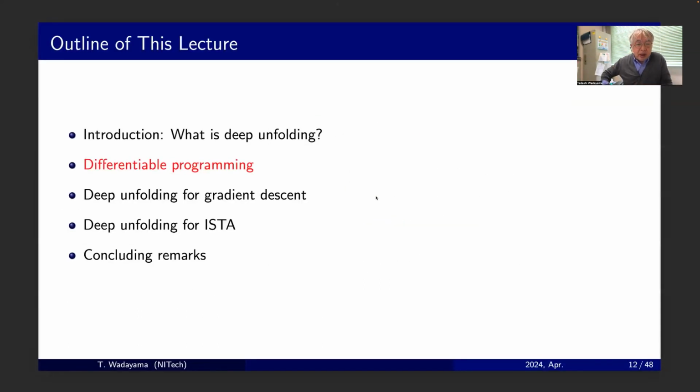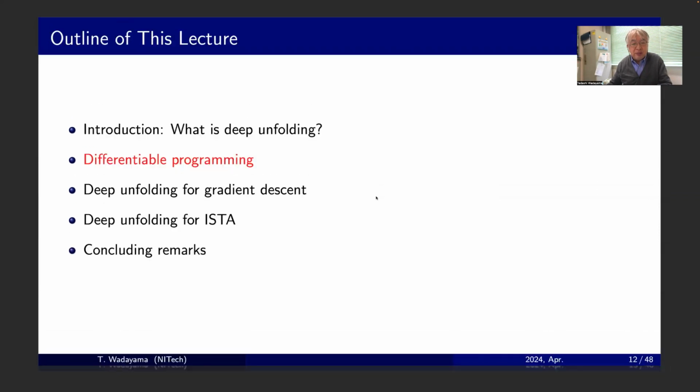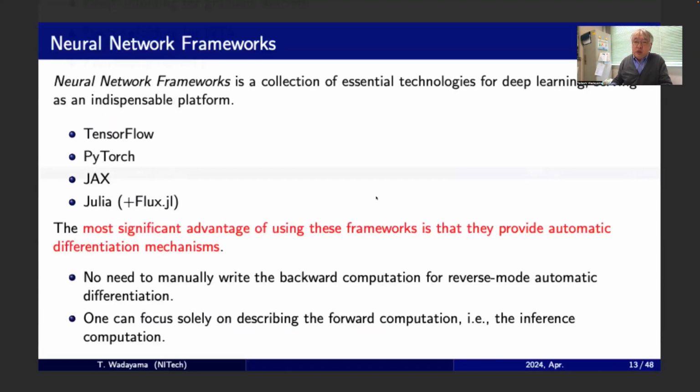Okay, now let's discuss differentiable programming. Differentiable programming is a paradigm where complex programs can be differentiated end-to-end automatically, enabling gradient-based optimization of parameters. So this is the main concept of differentiable programming. You know, there are many neural network frameworks.